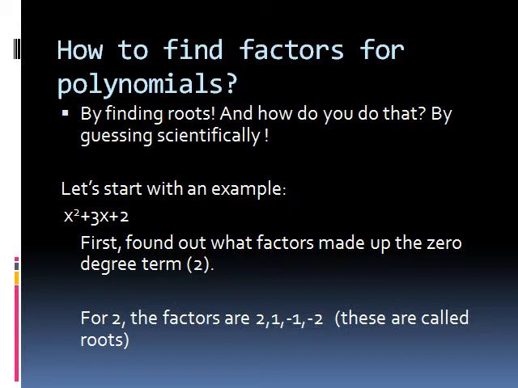Well, the factors could be 2, 1, minus 1, and minus 2, because 2 times 1 is 2, and minus 1 times minus 2 is positive 2. These are called the potential roots for this equation.